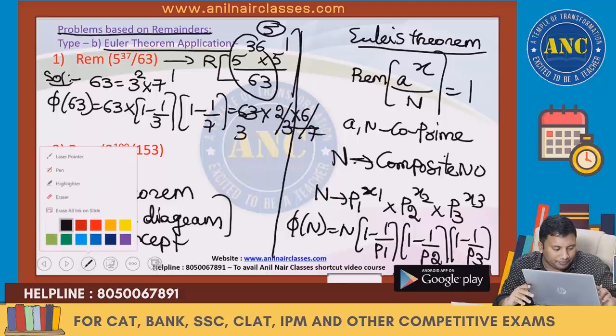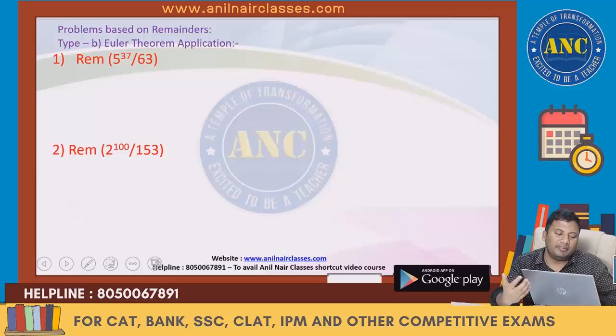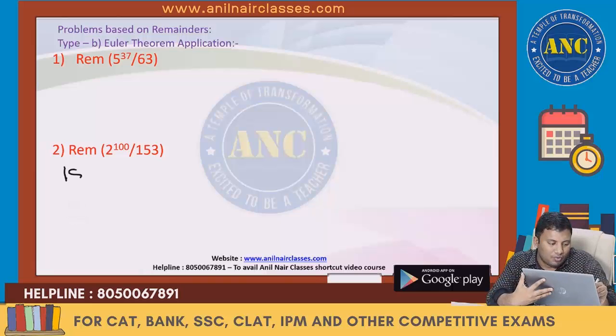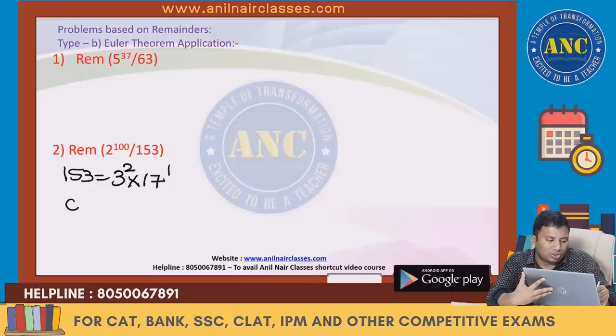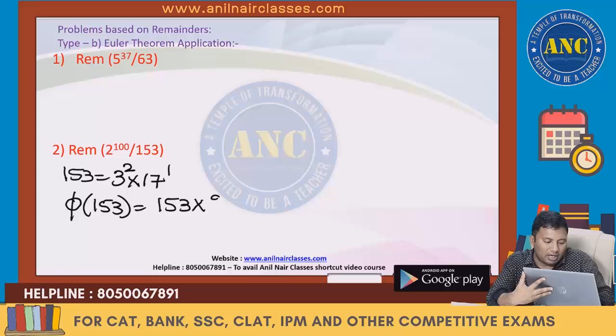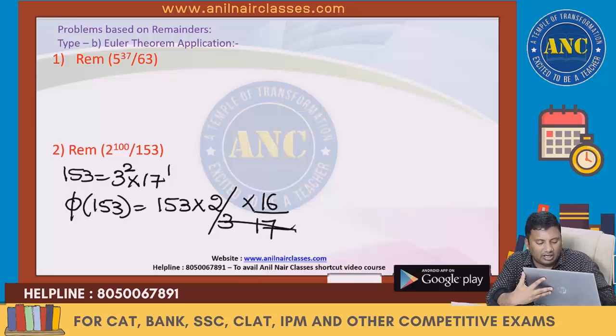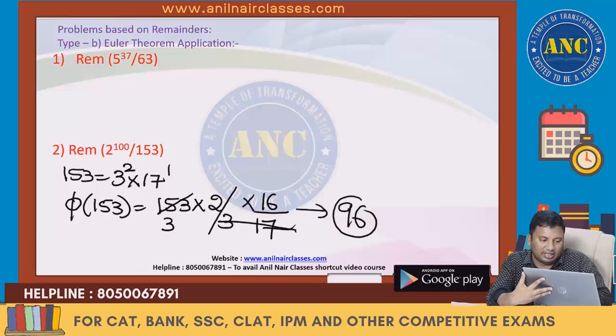2 power 100 divided by 153. 153 is nothing but 9 into 17. So the quotient function of 153 is n into 1 minus 1 by 3, 1 minus 1 by 17, 16 by 17. 51 3s are 153, 3 2s are 6, 6 16s are 96.